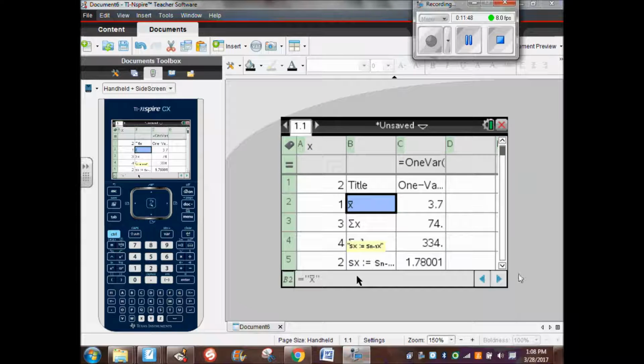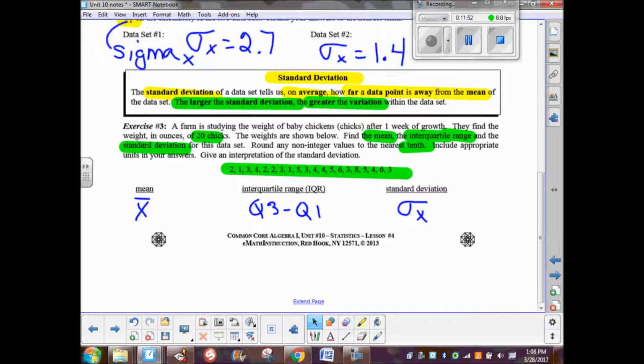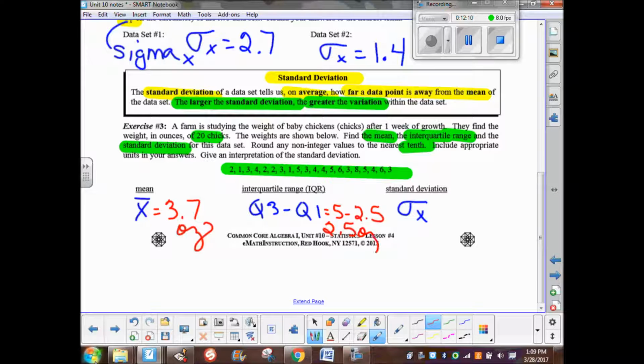All right, so from the calculator, we have come up with the mean to be 3.7 ounces. And the IQR, you should come up with 5 minus 2.5, which is 2.5 ounces.